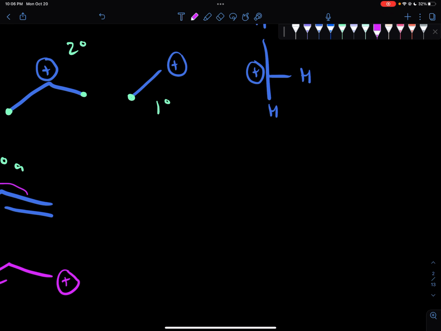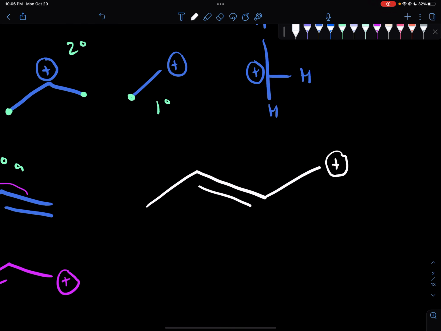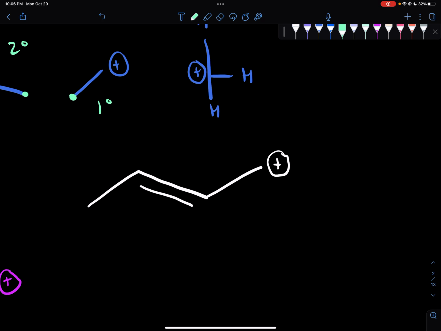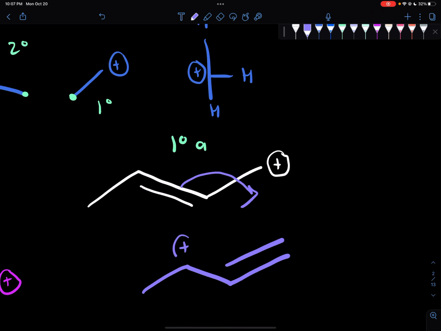Another thing, when you're classifying things, let's say that you have this right here. You might be quick to call this a primary allylic because this is bonded to just one carbon, but make sure you know the resonance structures. If you resonate this, look what you end up getting. Now you have a secondary allylic.